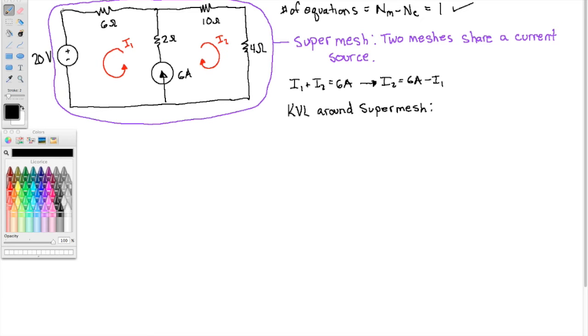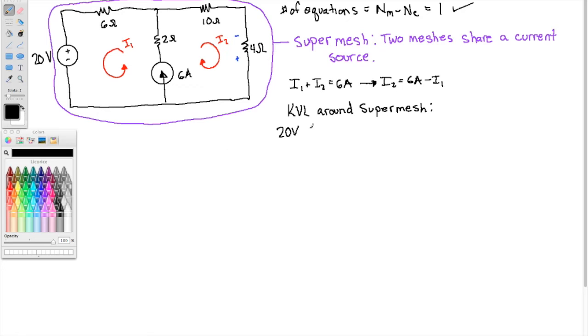Okay, so I first have a drop of 20 volts. Notice the polarity. That puts me down here, and I'm going to go with the purple, so I'm going around the supermesh. The next thing I have is the 4 ohm resistor, and I want the drop in this direction because that's the way I'm going. I've chosen I2 to be down, but we know the drop in the direction goes with the current.